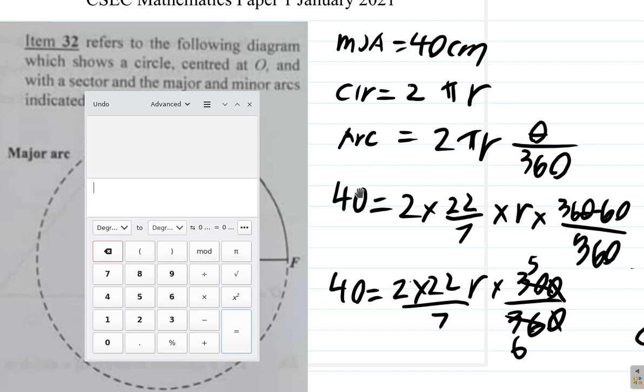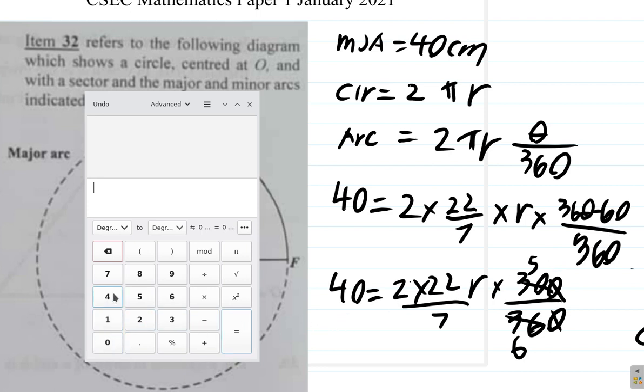So here, this now is 40 equals 2 times pi. We are going to use the full pi, the real pi, alright, times 300 over 360.